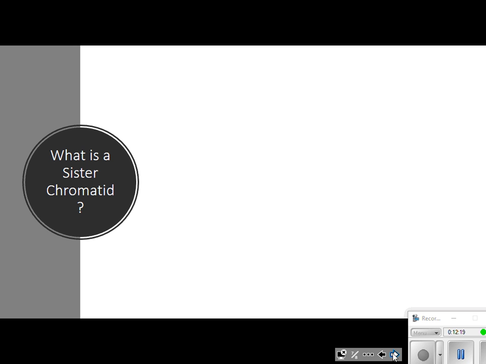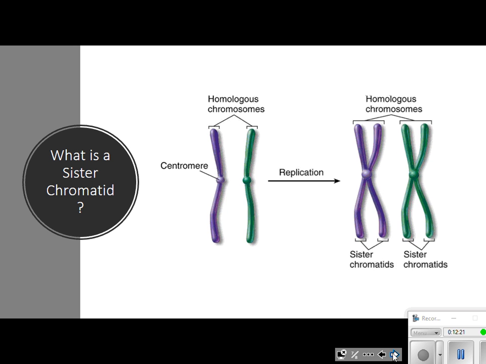Now, a sister chromatid. What is a sister chromatid? Okay, if you look, right here are what we call homologous chromosomes. They are chromosomes that match up, and we have a centromere, something in the center. Now, you can see in this purple one, look at this X right here. It looks like an X, doesn't it, with a centromere?